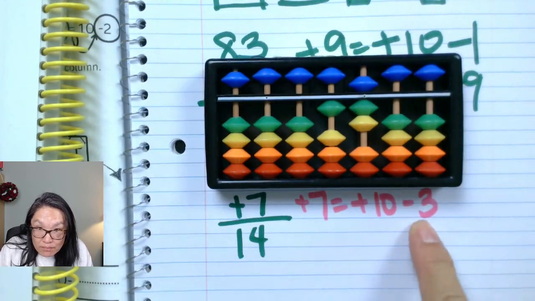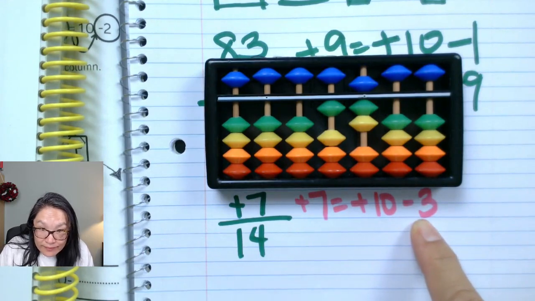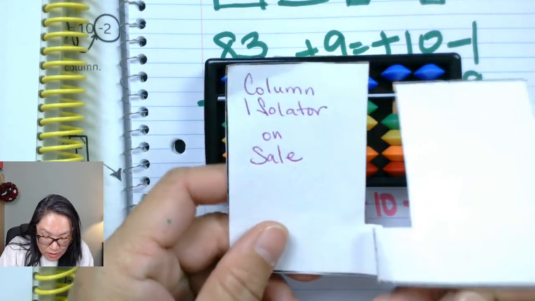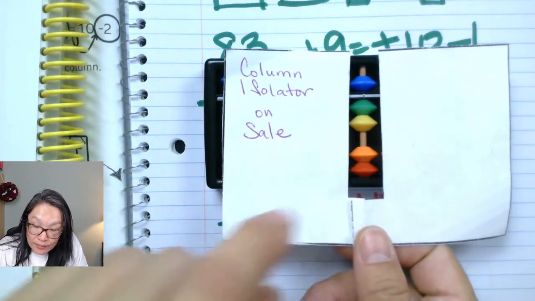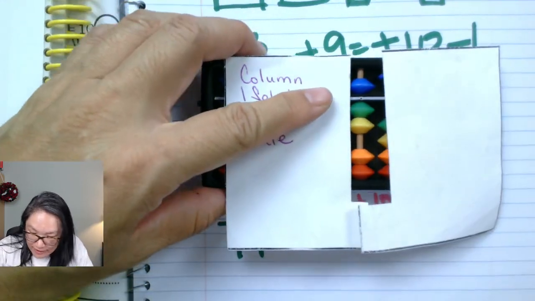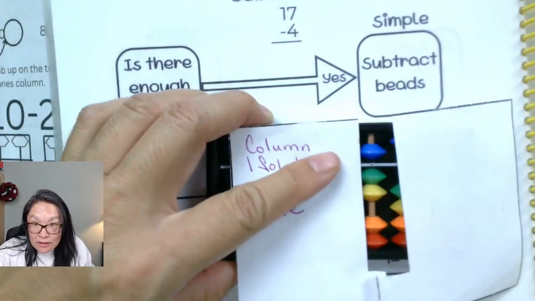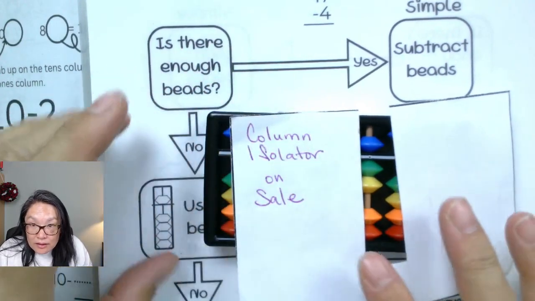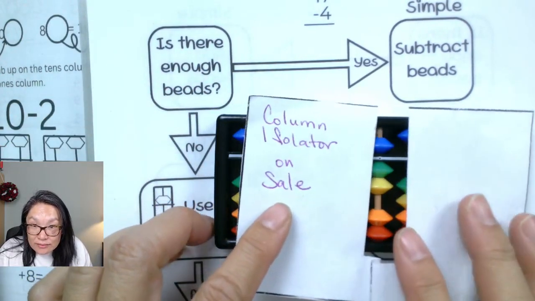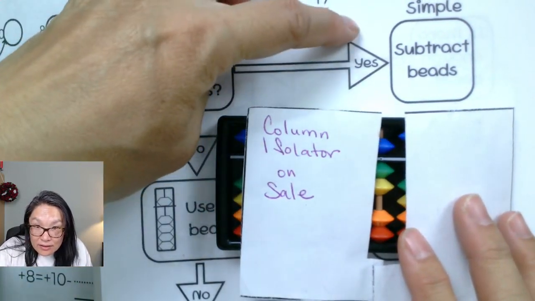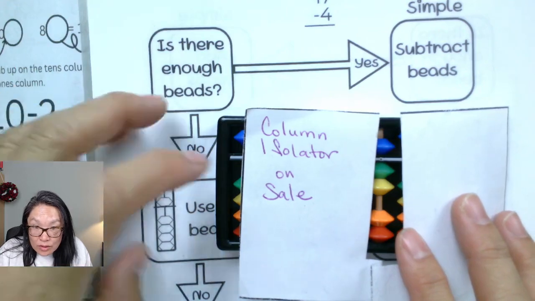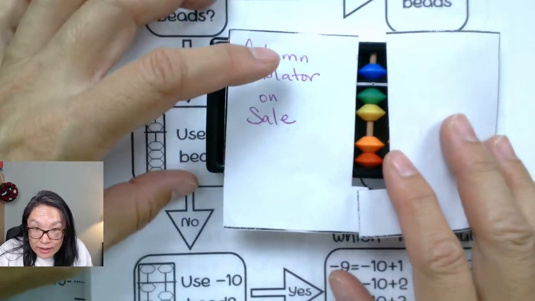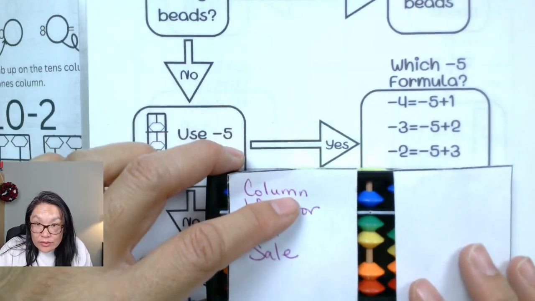And then minus the 3. We take away the 3 right here. Okay? If we take away the 3, can I do it? Yes or no? No, I cannot take away the 3. What do I do?